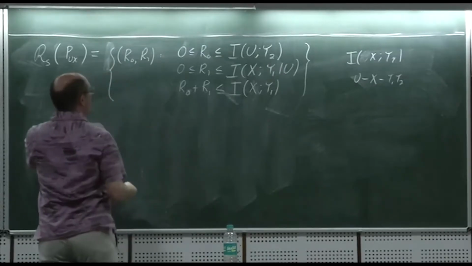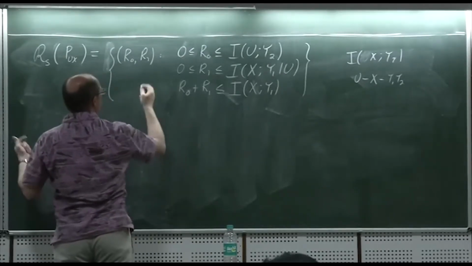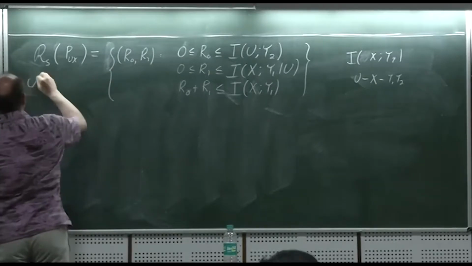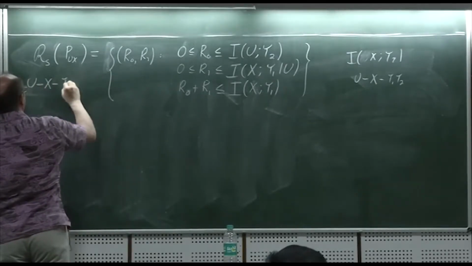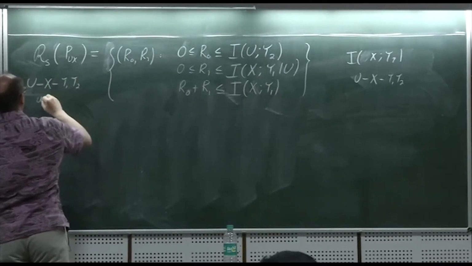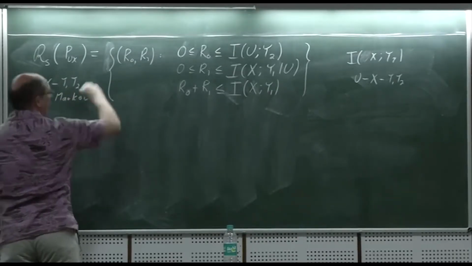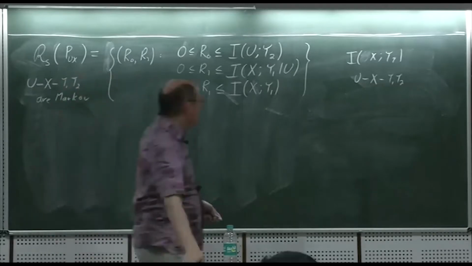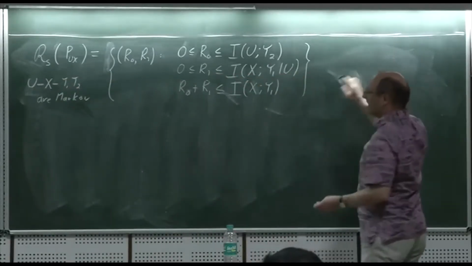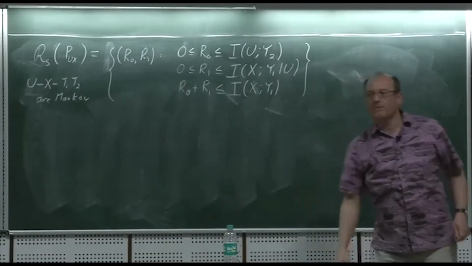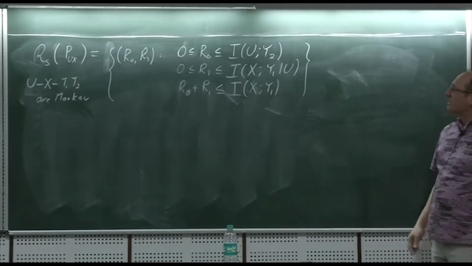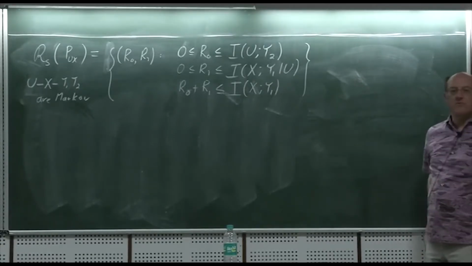And that's the rate region. So if I want to be precise, I can still add that U, X, Y1, Y2 are Markov in all these expressions. So that chain is Markov. Okay? Fine. Any questions about that?